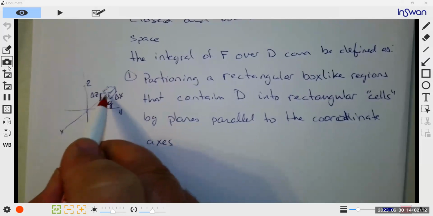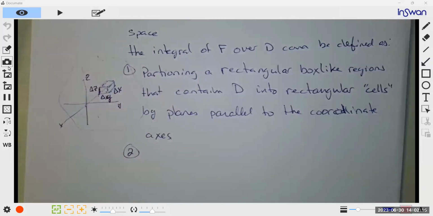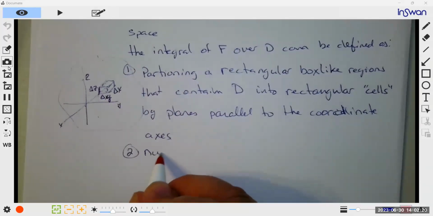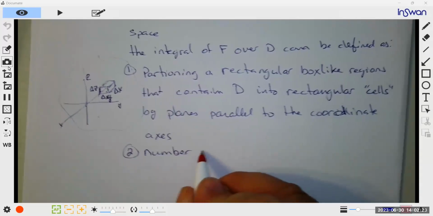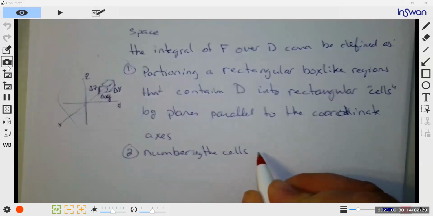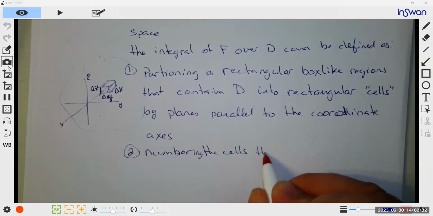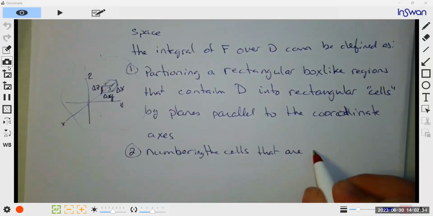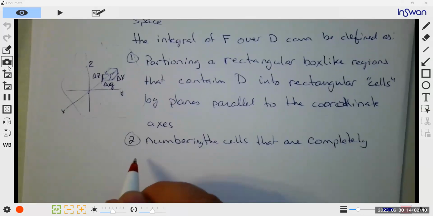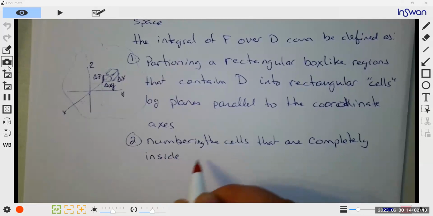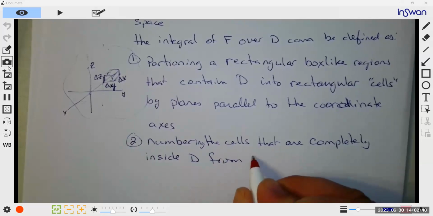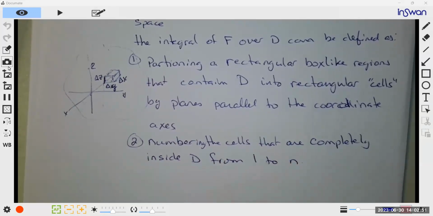Okay, so that's what we're going to do first. We have some shape here in 3-dimensional space. We first partition those, then we number the cells that are completely inside our object, our space, from 1 to n.